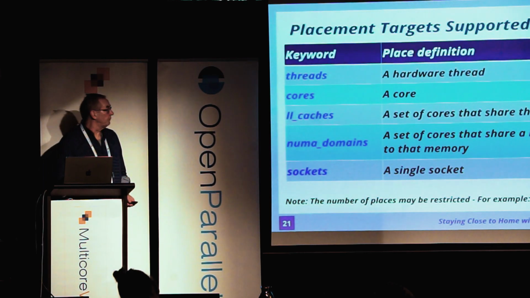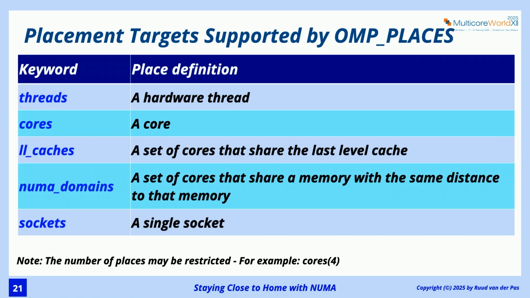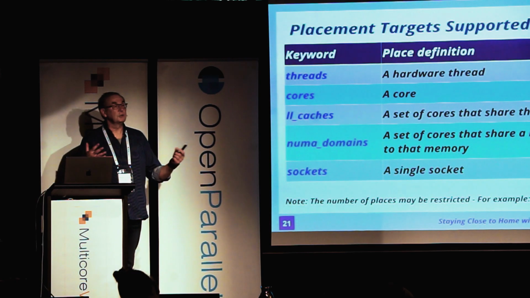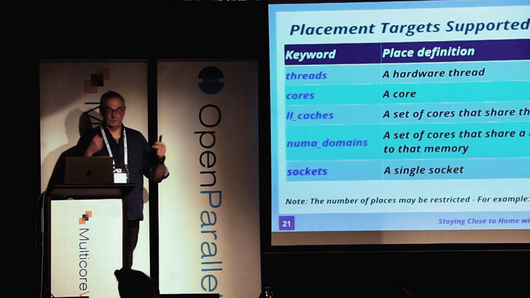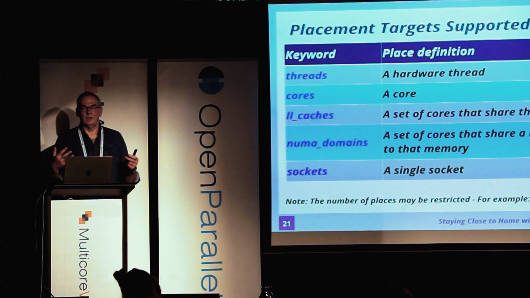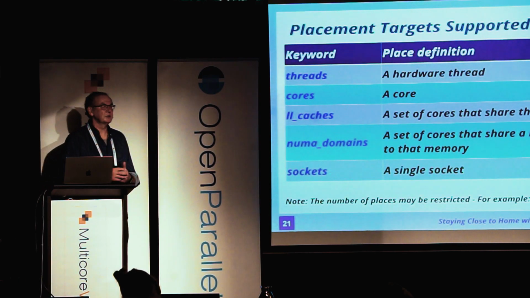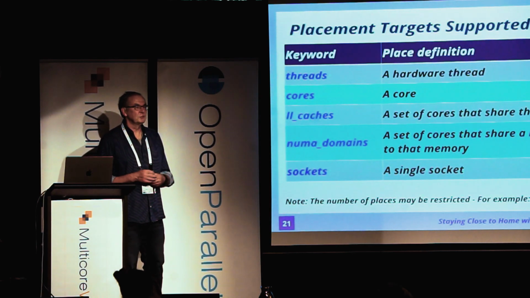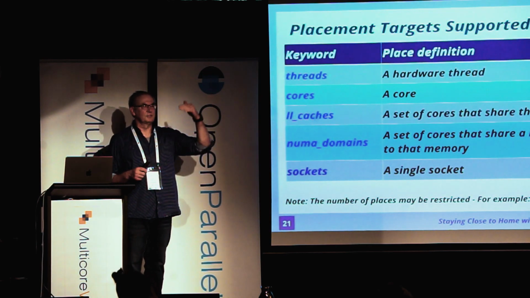And just to give you an idea of the kind of choices you have, you can say my finest place is a hardware thread, the ones that I just mentioned, or a core. And a core can have multiple threads, but I don't care which thread you pick in that core. Doesn't matter. You could have LLCs, last level caches. I sort of glossed over that, but there's always a last cache. That's the one that connects to memory.